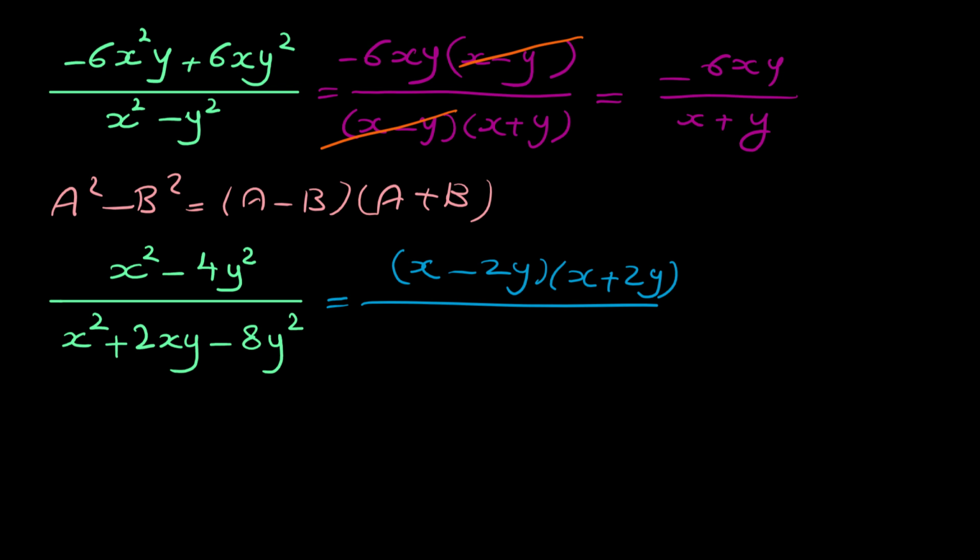But for the denominator, x to the 2 plus 2xy minus 8y to the 2, how can we factor this? First we look for a common factor. Is there any common factor between x to the 2, 2xy and 8y to the 2? No, there is nothing common.